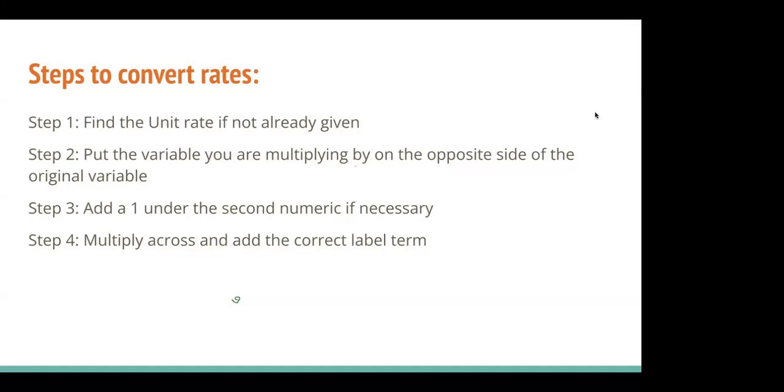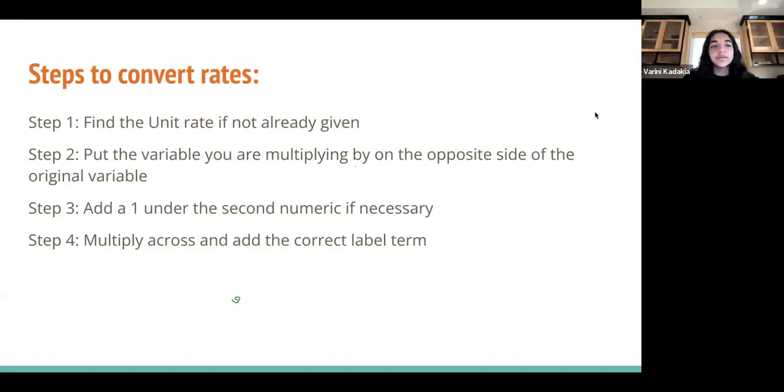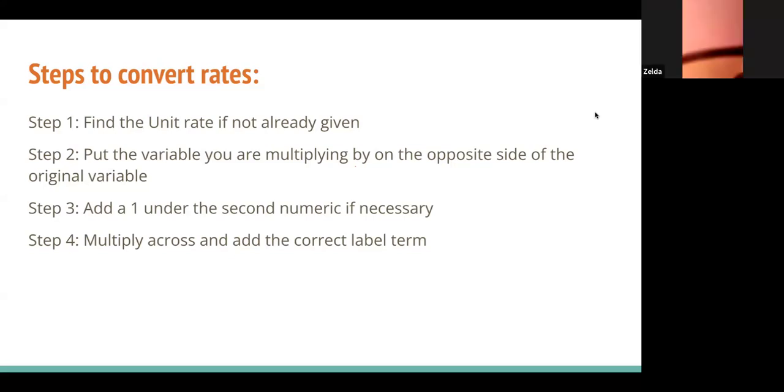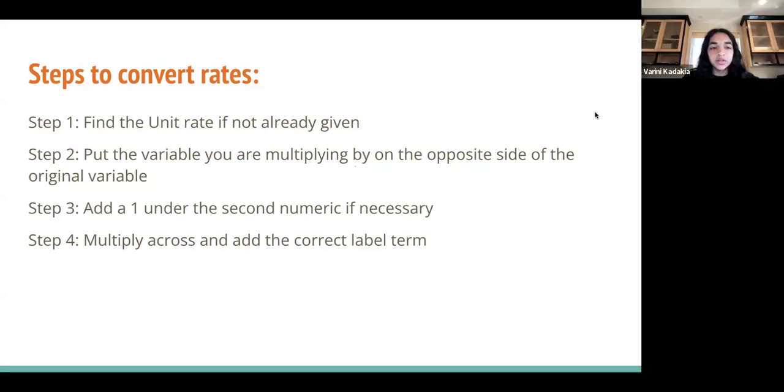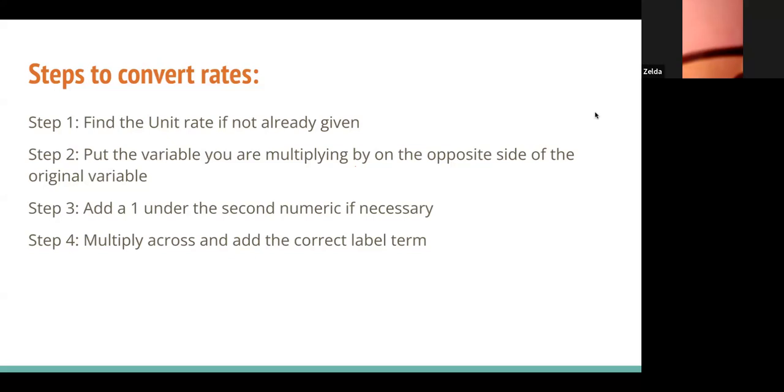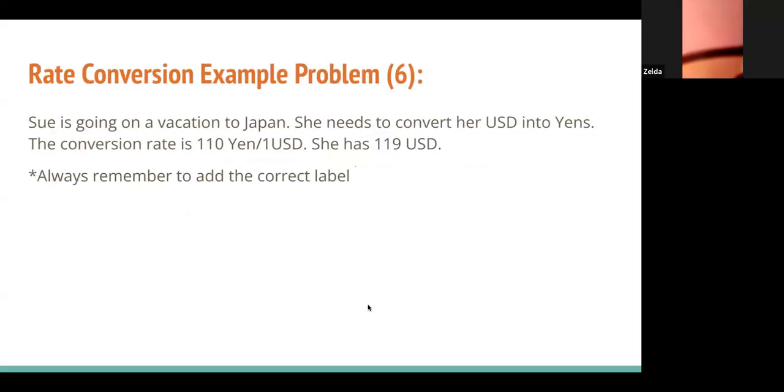Could you send it back to the first slide? I was at the examples of rates. Oh, that's okay. You don't need to copy that part down. It was just examples, and I'll also post all the slides after, so if you missed anything in your notes, you can look back at the slides. Was everyone able to get all the steps down? Yes. Okay.